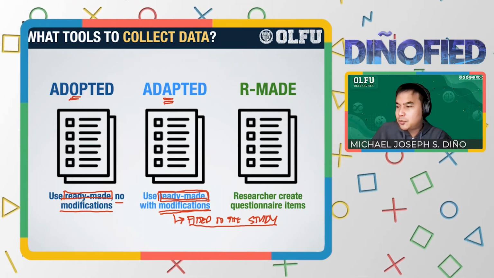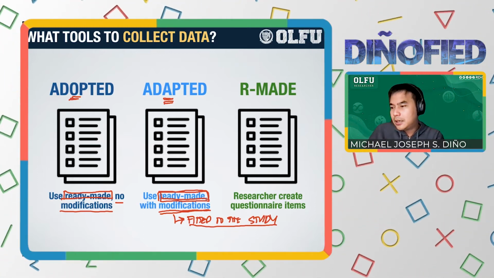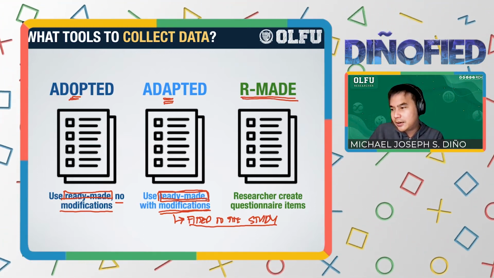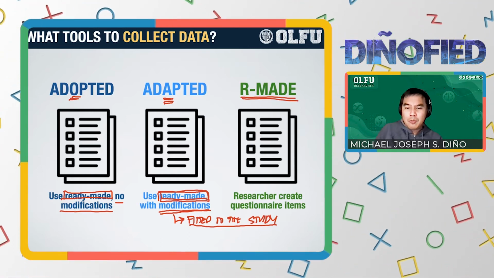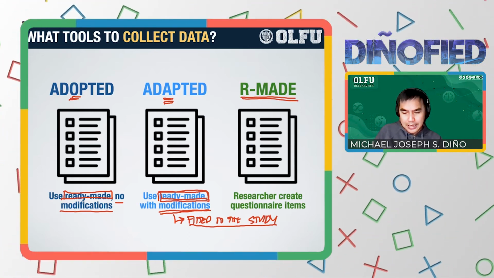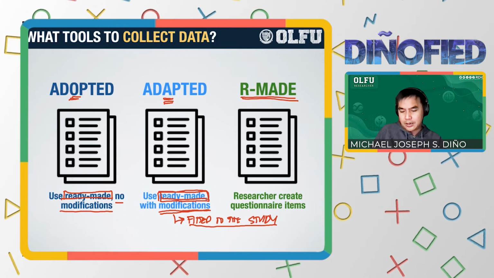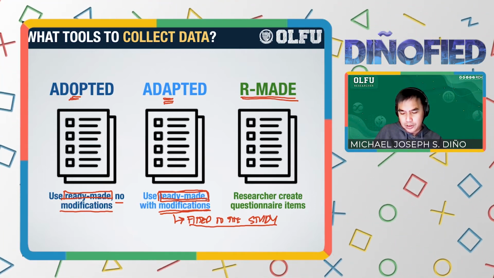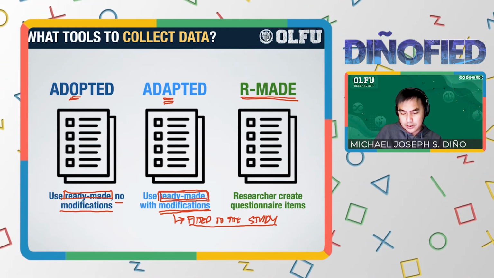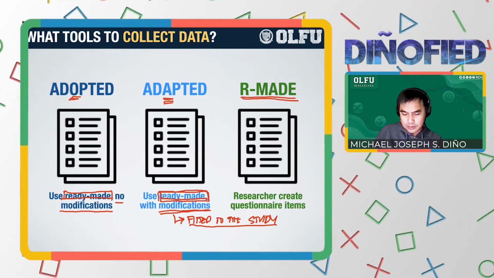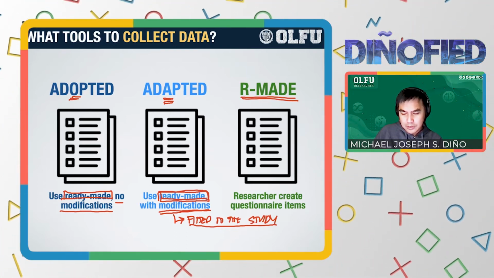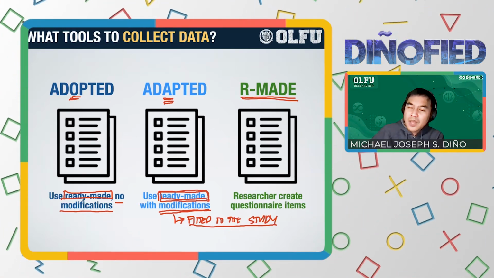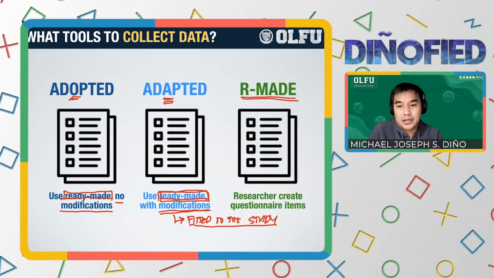Next is what you call the researcher-made questionnaire. Sometimes we can't find an exact questionnaire that will measure our variable.